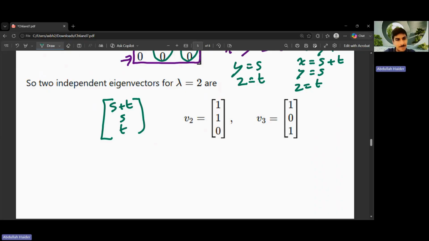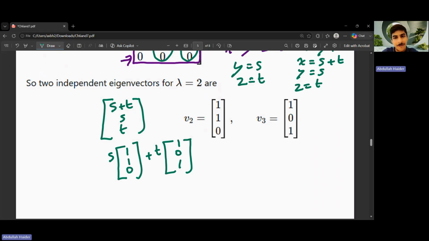And like chapter 6, chapter 4, you can separate them. So s times (1, 1, 0) plus t times (1, 0, 1). And the vectors themselves are going to be your eigenvectors, and these are independent because you cannot get v3 from v2 and you cannot get v2 from v3.